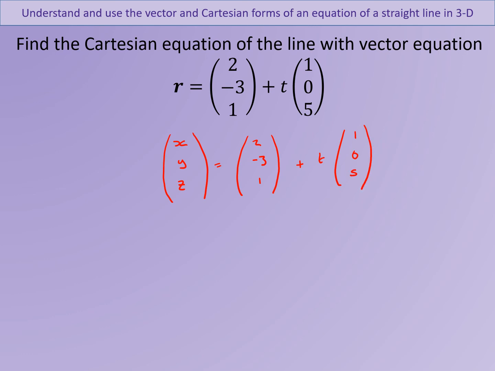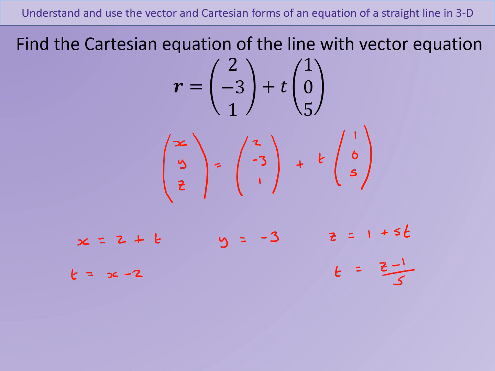So from this we can see that x is 2 plus 1t, y is just minus 3, and z is 1 plus 5t. So for the 2 that involve t, we're going to rearrange them to get t equals x minus 2 and t equals z minus 1 over 5.